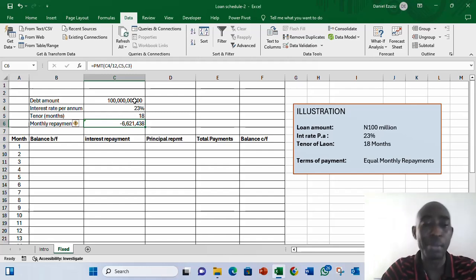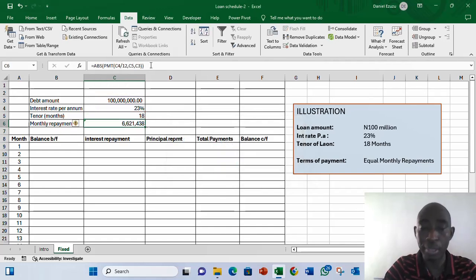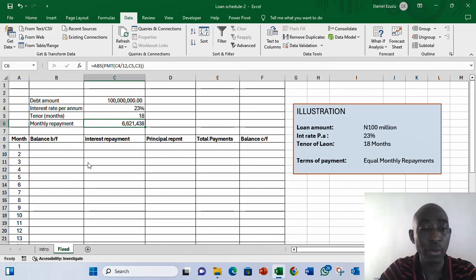So I'm going to take out the minus sign. It's either you put a minus at the front of your function here, or you use the absolute value function. I prefer to use the absolute value function, so I'm going to say equal to ABS, and I just hit my enter. So it's telling me now it's 6 million. I think I'm more comfortable with telling a client that you are paying 6 million than you are paying minus 6 million. So I have that.